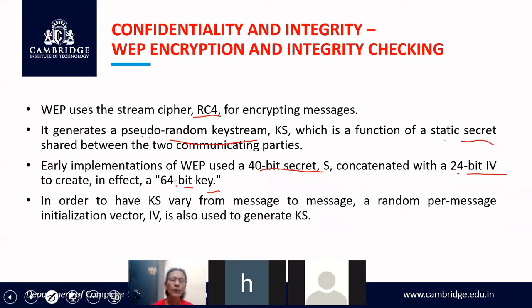So in order to overcome this, one suggestion was to use a random per message initialization vector. Instead of using the same 24-bit IV, you use a randomly generated initialization vector for every frame that you send from the station to the access point or AP.